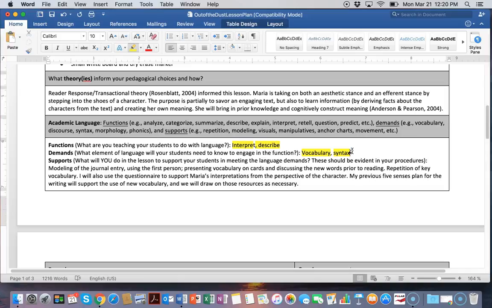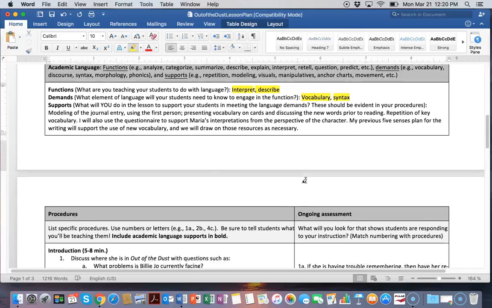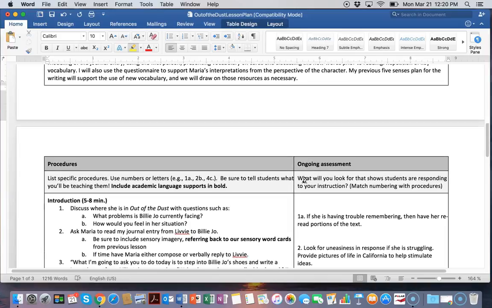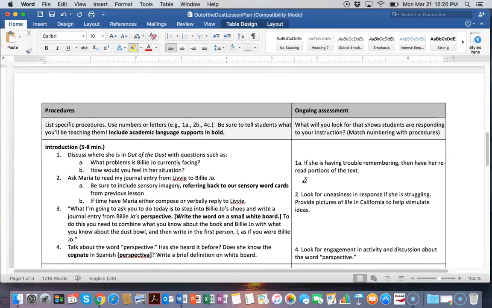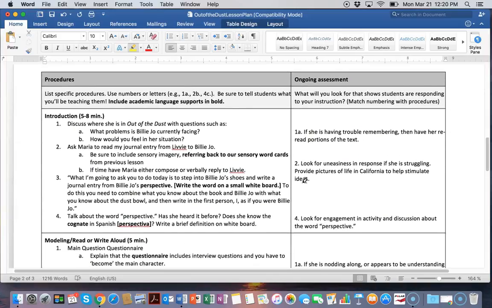So let's talk about vocabulary in this lesson. The vocabulary that this tutor really believes that her student needs to know in order to interpret and describe is going to be first perspective, and you're going to see this down in the lesson plan, okay?